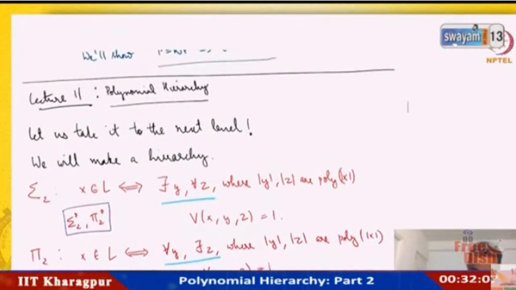Let me just illustrate that. Consider this: let's say a, b, c, etc. are natural numbers. There exists an a such that for all b, a is greater than b. Is this true?